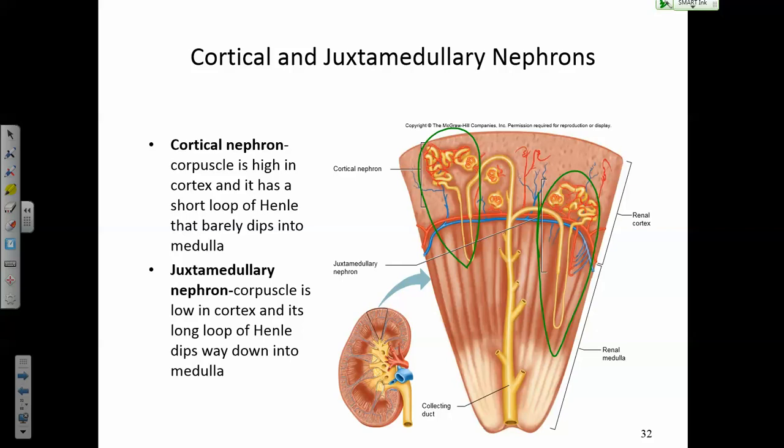It's interesting to me that mammals that live in desert environments have a much higher percentage of juxtamedullary nephrons than mammals that don't live in desert environments. They can retain water better.